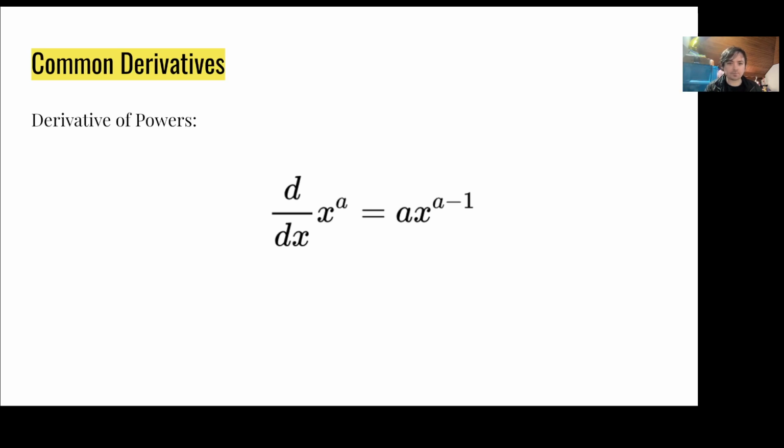That one is very common to see, especially when you're working with polynomials, since you'll have a lot of things that have x to different powers.